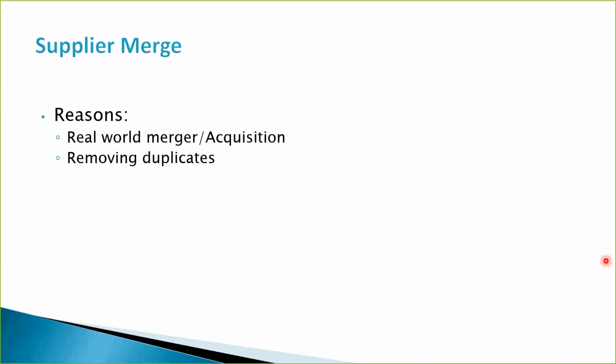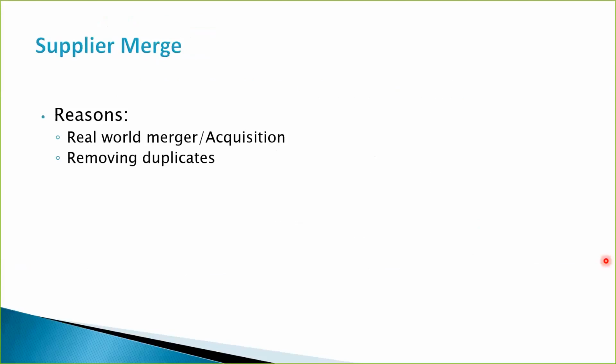For example, if one of your suppliers has been acquired by another one, then you would need to conduct a supplier merge, of course, if you're going to continue doing business with the latter supplier.